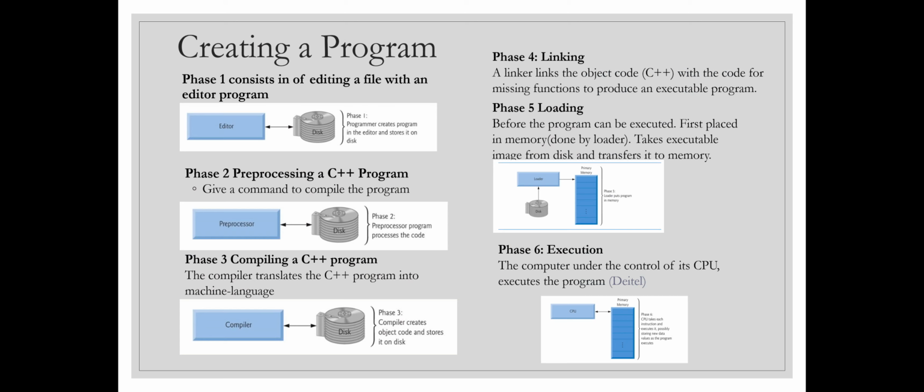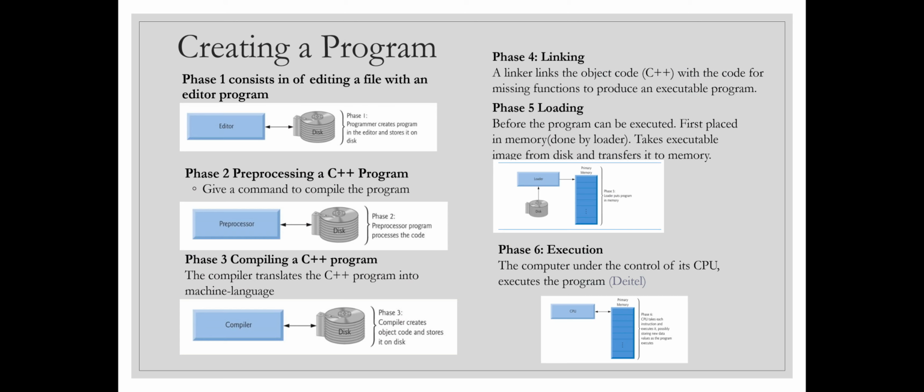The pre-processing compiles the program. Then phase 3 is compiling the C++ program, which translates that English-like language into machine language. The linking checks your code to see if anything is missing before the program can be executed.